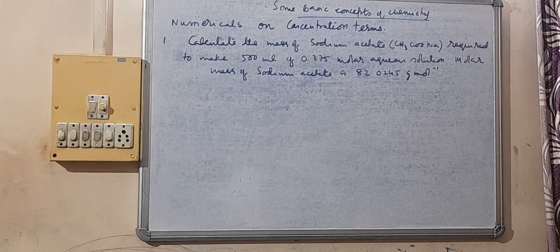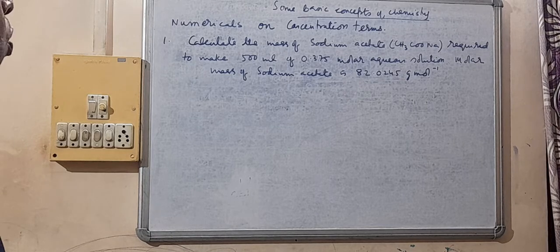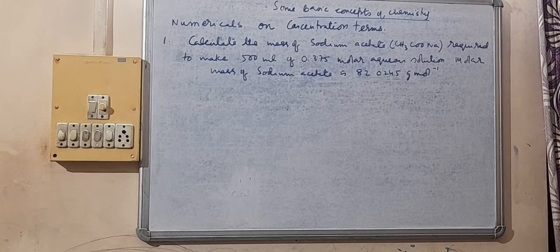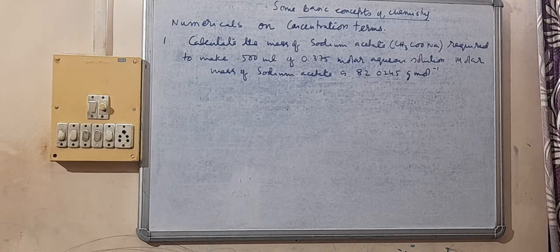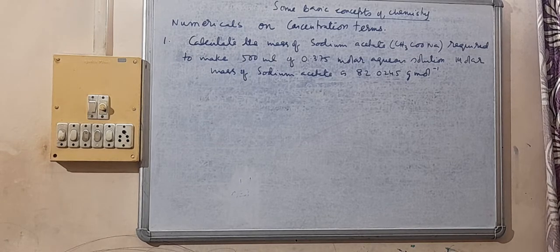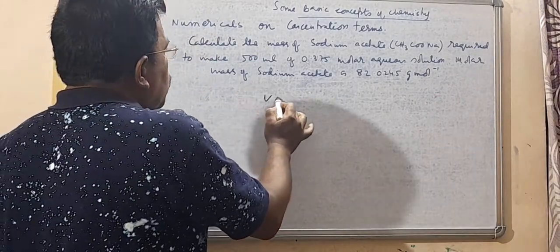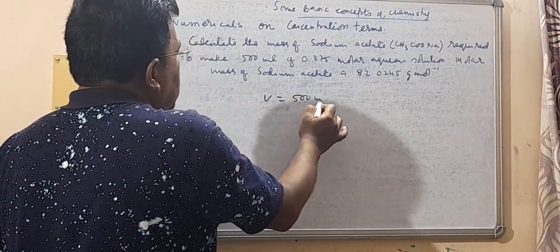First numerical is calculate the mass of sodium acetate required to make 500 ml of 0.375 molar aqueous solution. Molar mass of sodium acetate is 82.025 gram per mole. So what is given here? Volume is given, 500 ml.